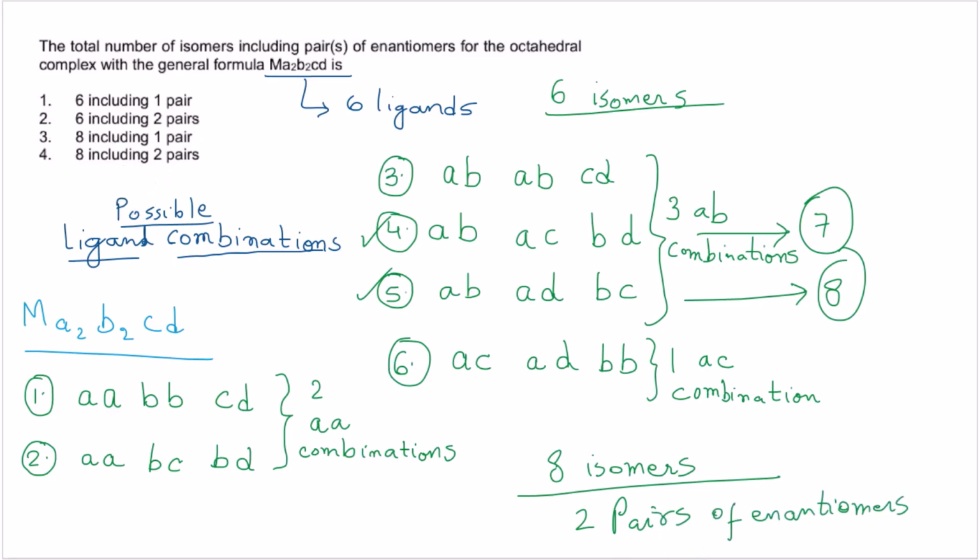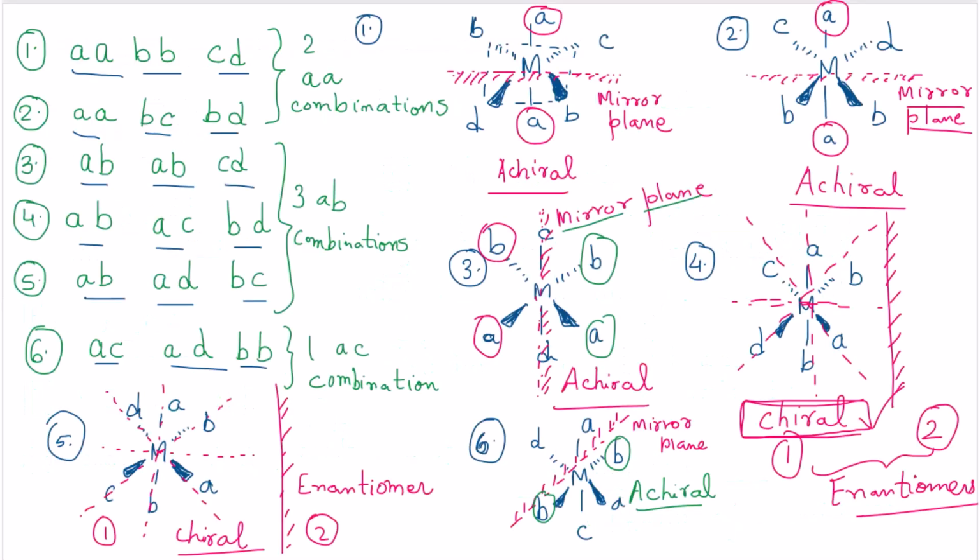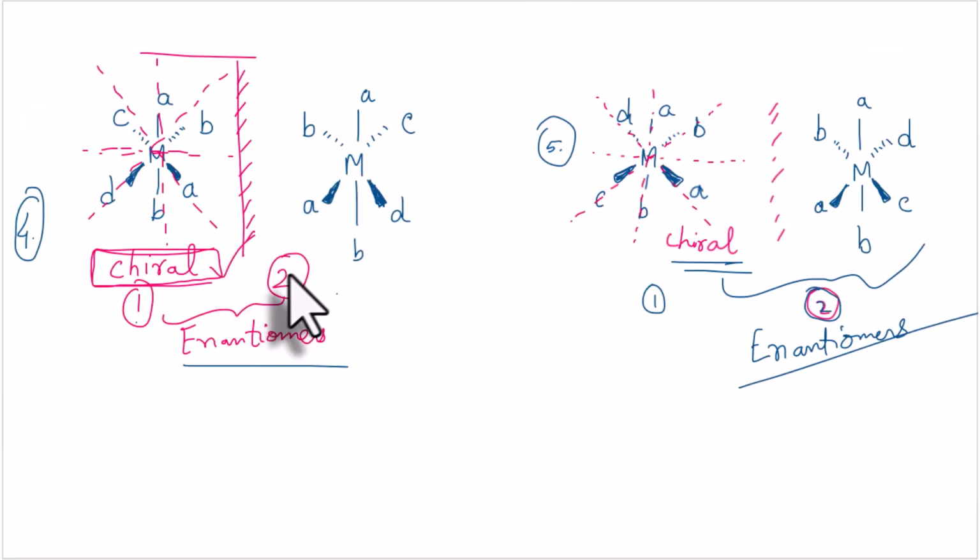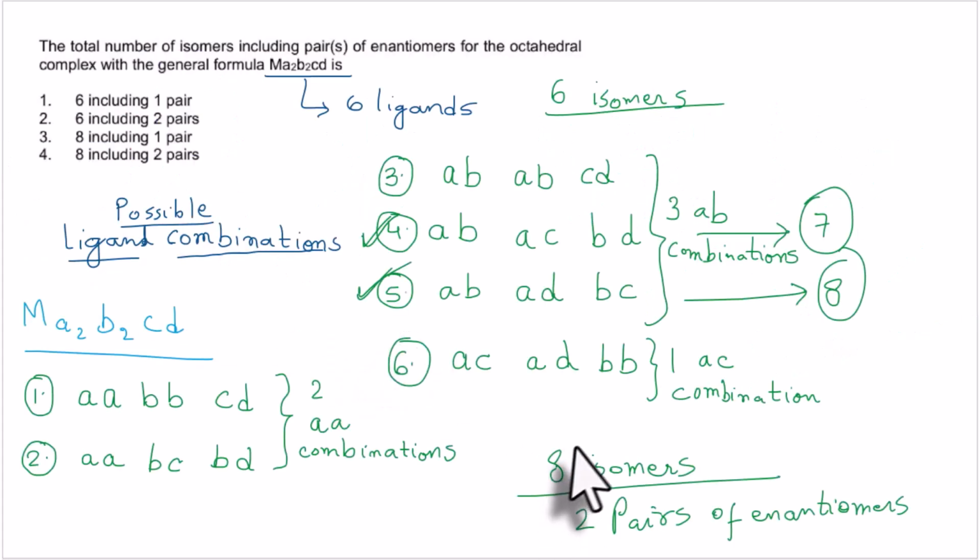Okay, so let's check again that we have written that fourth and fifth only are giving enantiomers. Okay, so yes, fourth was chiral and fifth was also chiral, both giving enantiomers, the mirror images. So we have 8 isomers and 2 pairs of enantiomers.